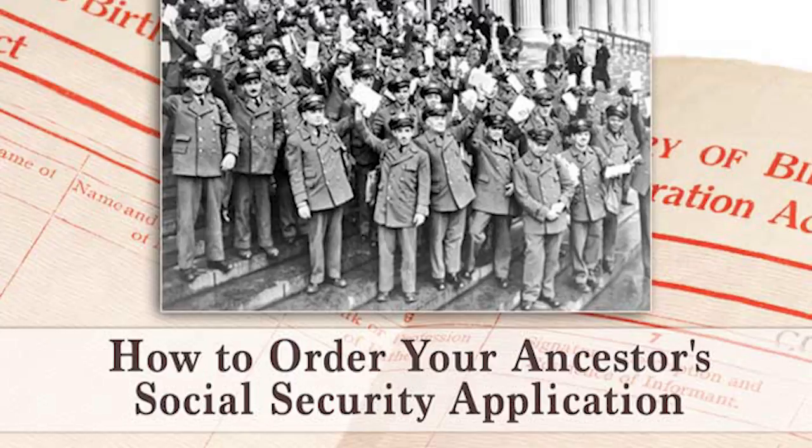Here is the information you can find on an individual's Social Security application: the applicant's full name, the maiden name, if a woman, the names and birthplaces of the applicant's parents, including the mother's maiden name, as long as you can prove the parents are deceased or were born more than 120 years ago, age, date, and place of birth of the applicant, gender, race, the name and address of the applicant's employer at the time of application, the date the application was signed, and the signature of the applicant. These are all genealogically significant pieces of information.